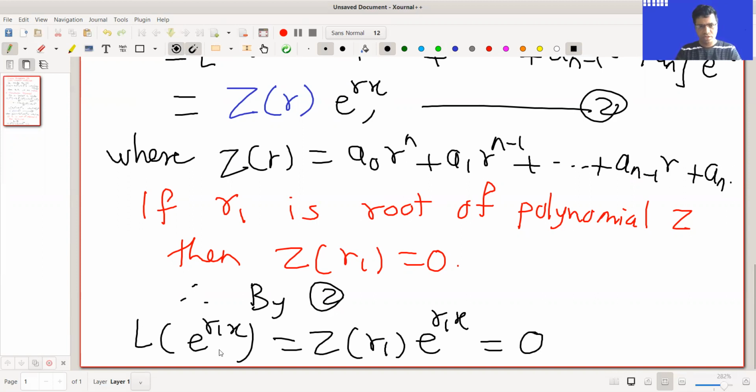This means e raised to r1 x is a solution of the differential equation L of y equal to 0, that is differential equation 1.